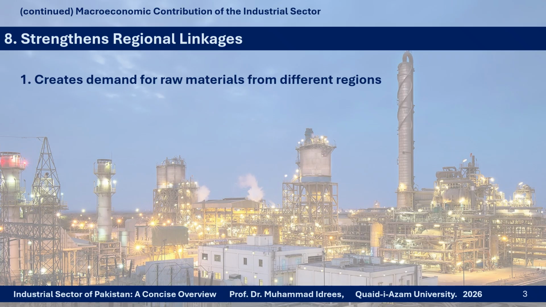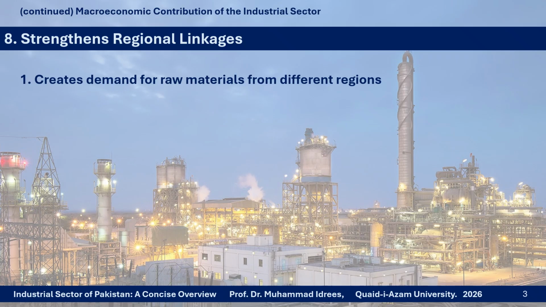We know that every industry needs a raw material. Let's take an example of textile. Textile industry needs cotton, and a large number of textile units are in industrial zones of Faisalabad and Karachi.